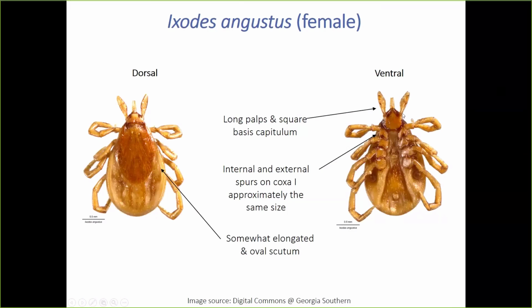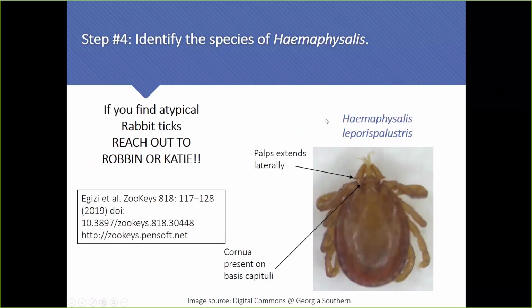To me, the basis capitulum has a unique shape. It's much more rectangular, and then they've got the same subequal coxae 1 as we saw with muris. But again, first of all, the elongated scutum, then the shape of the head is what gives it away as an angustus.